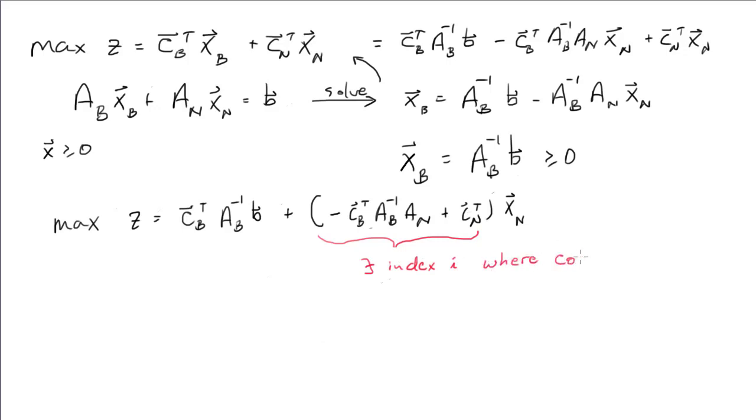Any index where the component is positive means the corresponding component in x sub n can be made positive to increase z. Put that index into the basic set.